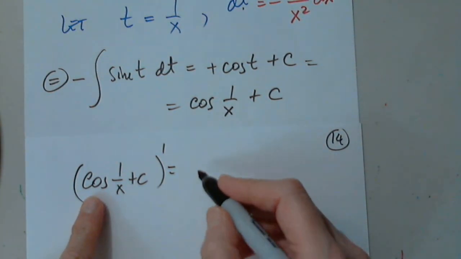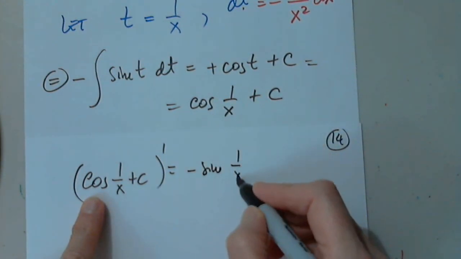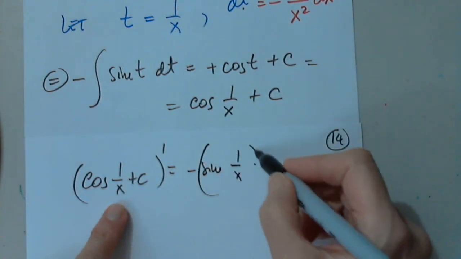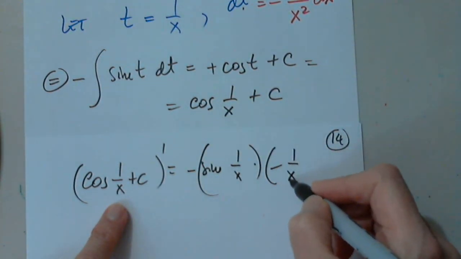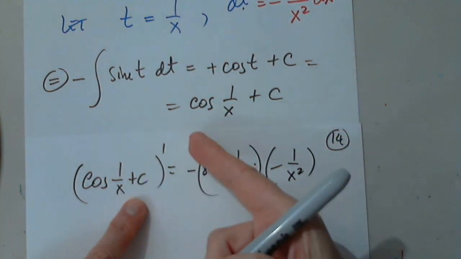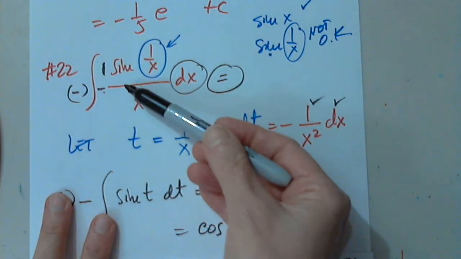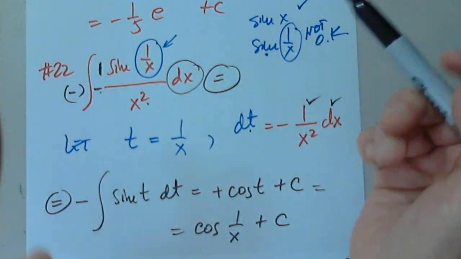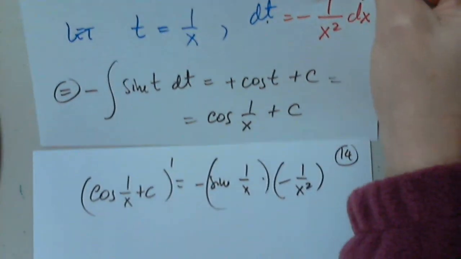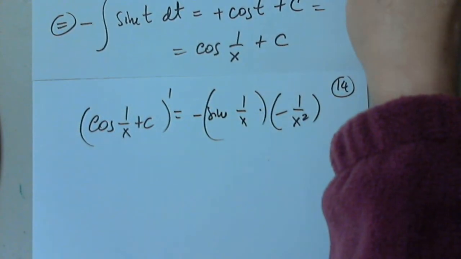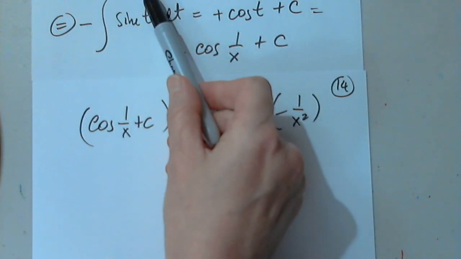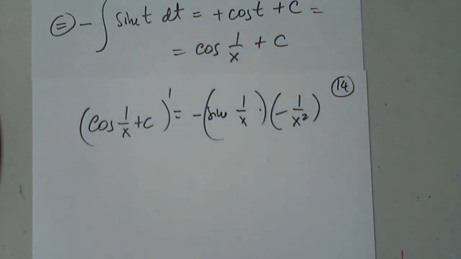Cosine function prime is negative sine 1 over x times the inner function prime plus the constant prime, which is 0. So the negative with the negative will go away, and I have sine 1 over x squared. And we used the substitution t equals 1 over x.